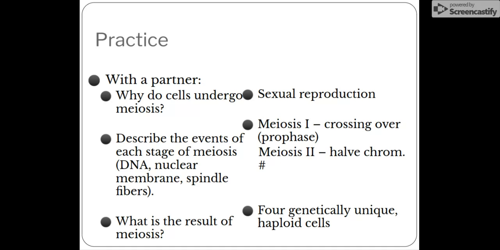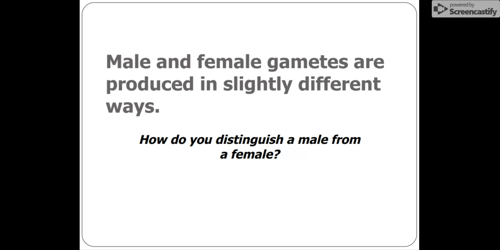You want to know prophase 1, metaphase 1, anaphase 1, telophase 1, prophase 2, metaphase 2, anaphase 2, and telophase 2. You want to know all of those steps and the things that are happening in each of those steps. Okay, and then at the end of meiosis, we have 4 cells, all haploid, genetically unique, different from one another.